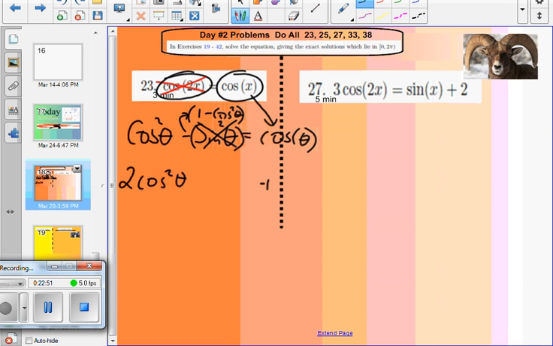I'm going to move this cosine to the other side and make it minus cosine theta equals 0. I did like 3 steps at once there. I hope that wasn't making your brain explode. These two, that and that, added together to make that.